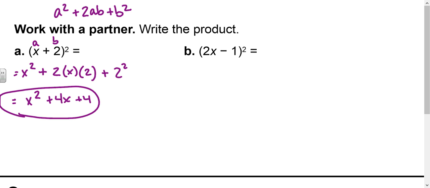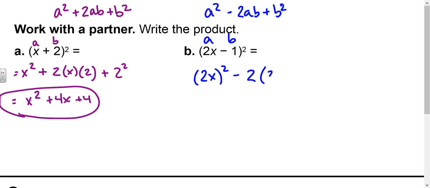Okay, let's try this one. So this one is the same pattern, but instead of having a plus, I'm having a minus in my formula. Okay, so this is a and this is b. So I'm taking a squared, so 2x squared minus 2 times a, which is 2x, times b, which is 1, and then plus b squared, 1 squared.